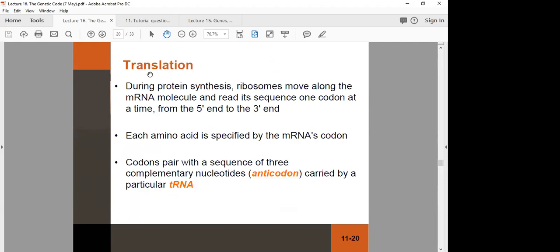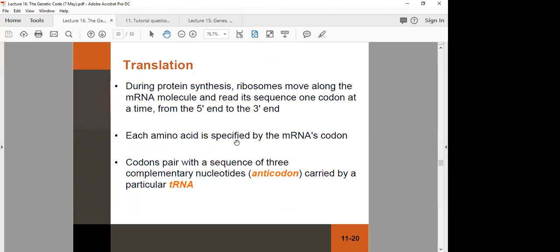All right, translation. We're nearly getting onto this process. During the synthesis of a new protein, a ribosome will move along the messenger RNA molecule that it has bound, and it reads its sequence 1 codon at a time from the 5' end of the messenger RNA molecule to the 3' end.